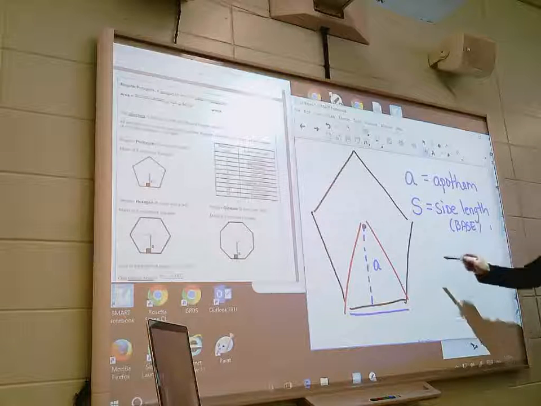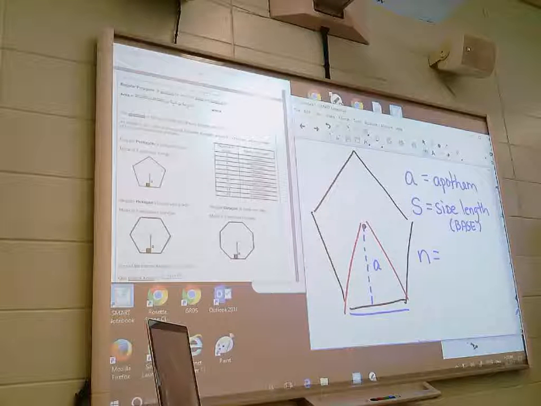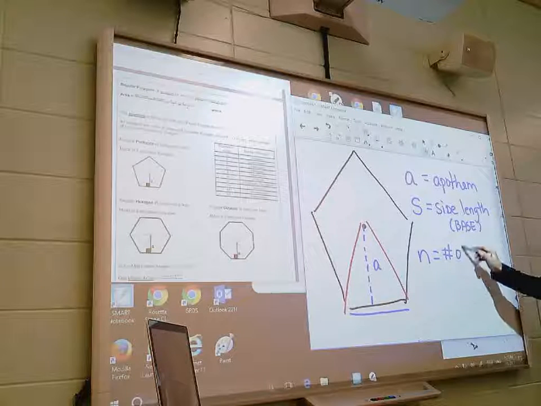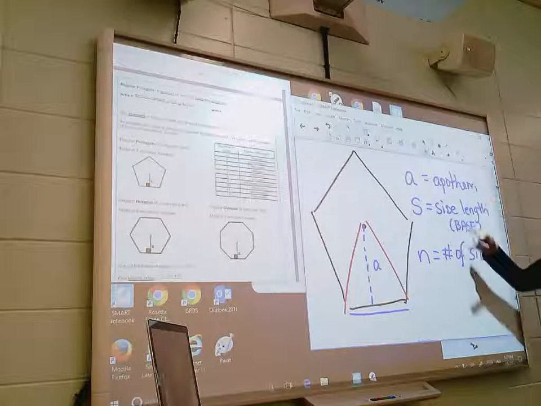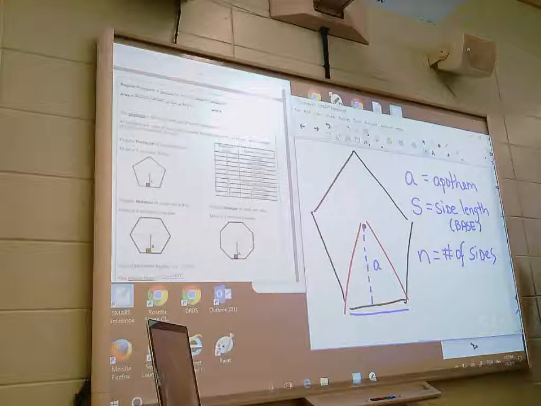And the last thing that I did mention was what? N stood for number of sides, which is the number of triangles. And if I use this, the A, S, N, I come out with the formula for a polygon. Check it out.